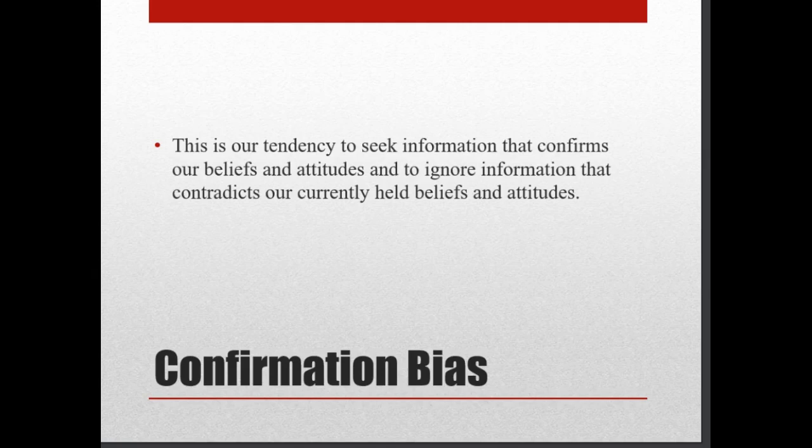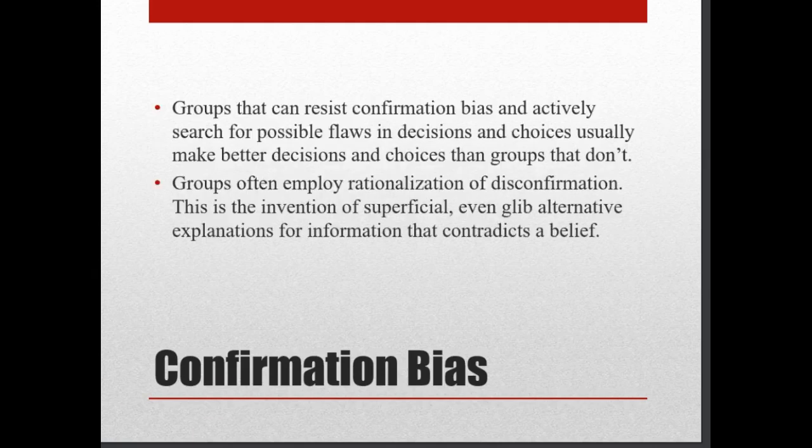So they're only looking for information that will support a bias that they have instead of trying to figure out other alternatives or other ideas that maybe contradict the bias they might have. So groups that try and resist confirmation bias have to actively search for flaws in their decisions and try and make better decisions and choices than groups that don't actively look for other decisions and choices.